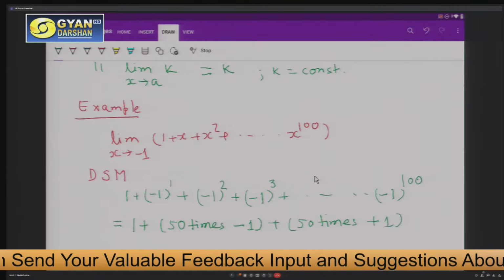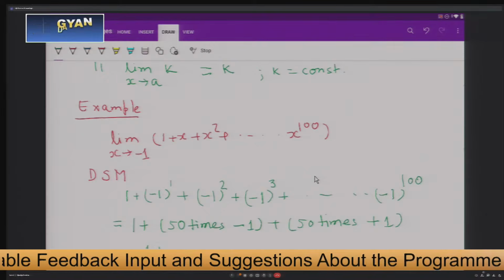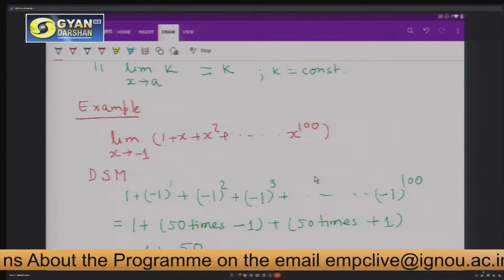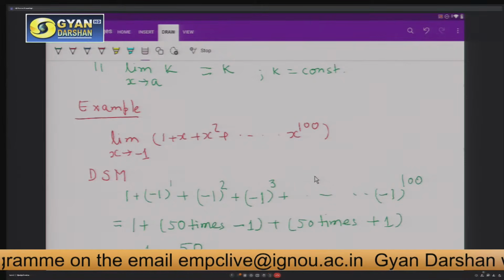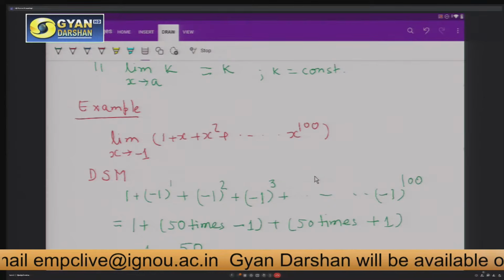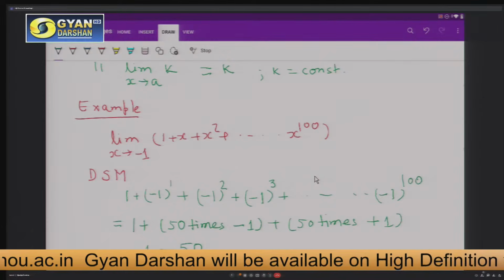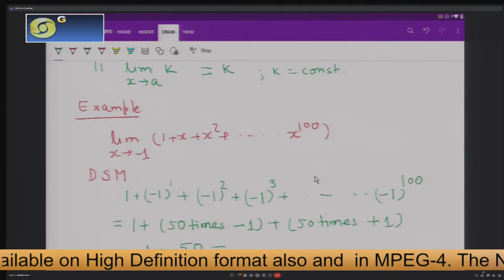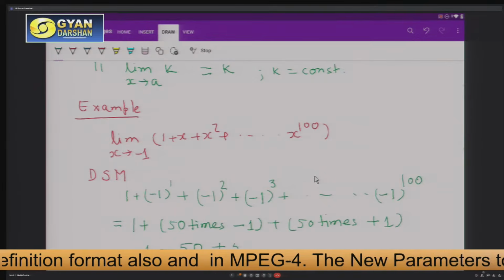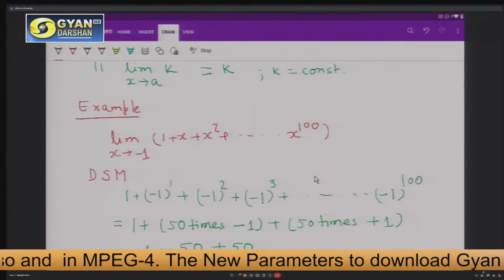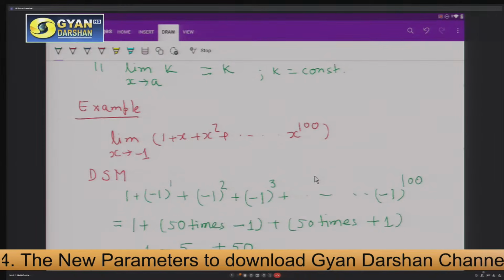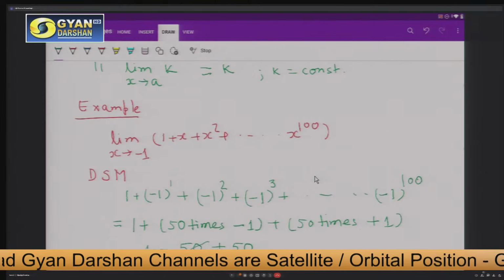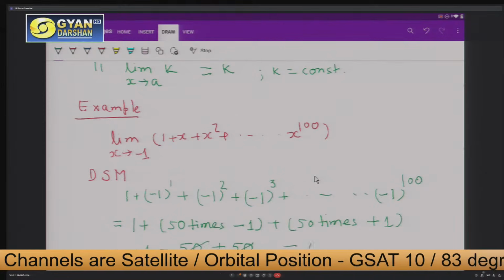So this will be equal to 1 minus 50 plus 50, these will be cancelled out, it will become 1.